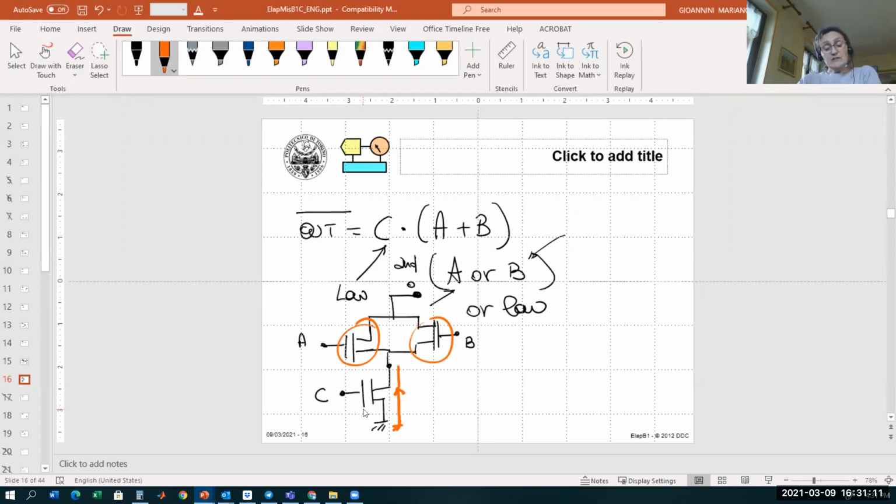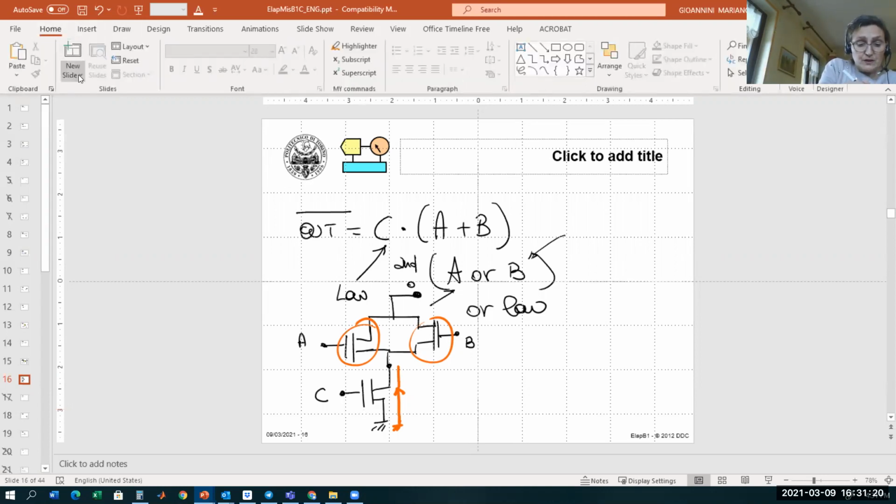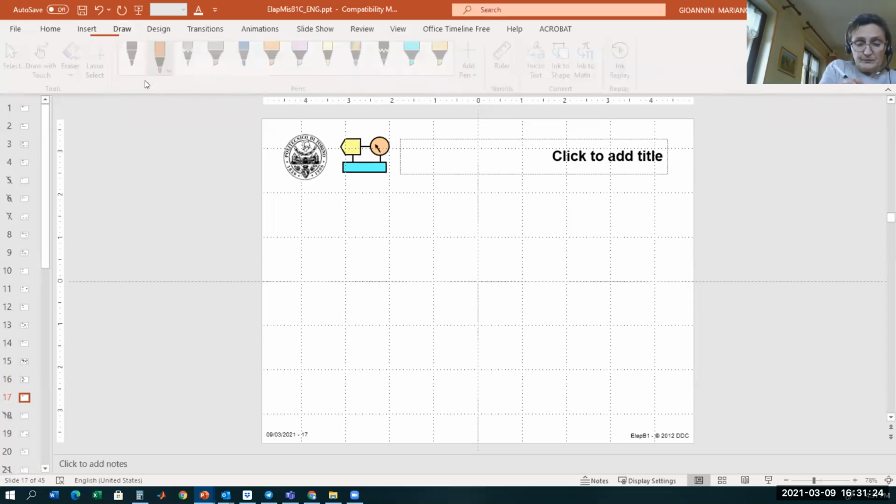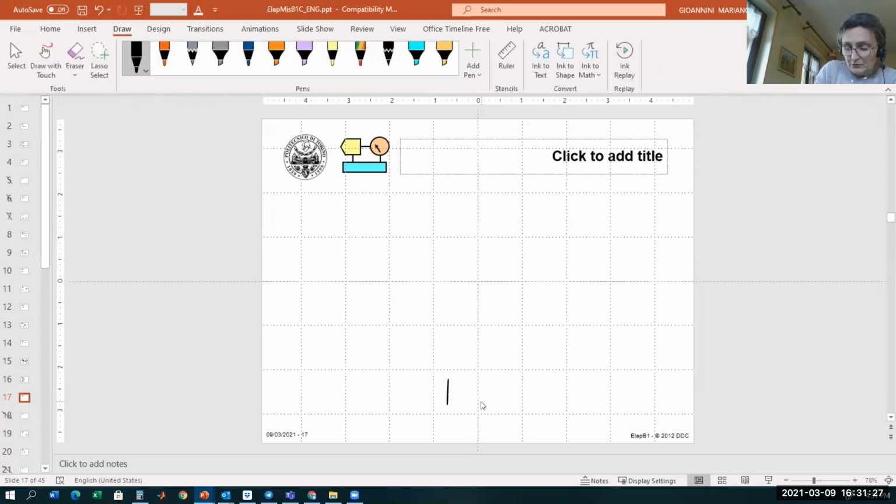So in this case, we can sketch the bottom part of the circuit. Now, after that, you sketch the bottom part of the circuit, which is this one. So this is the bottom part we just sketched.